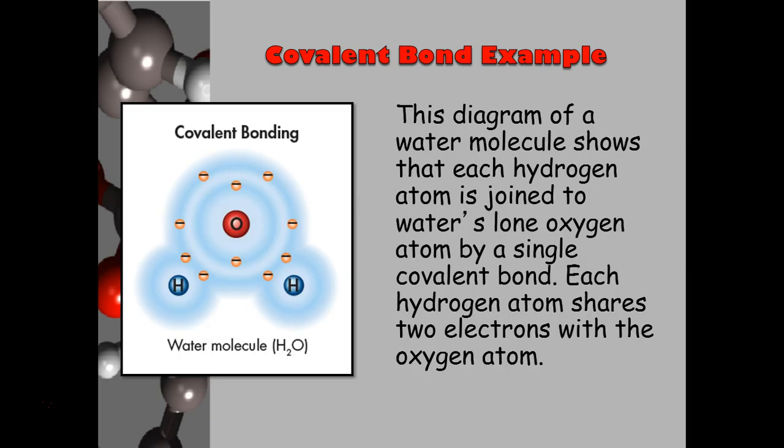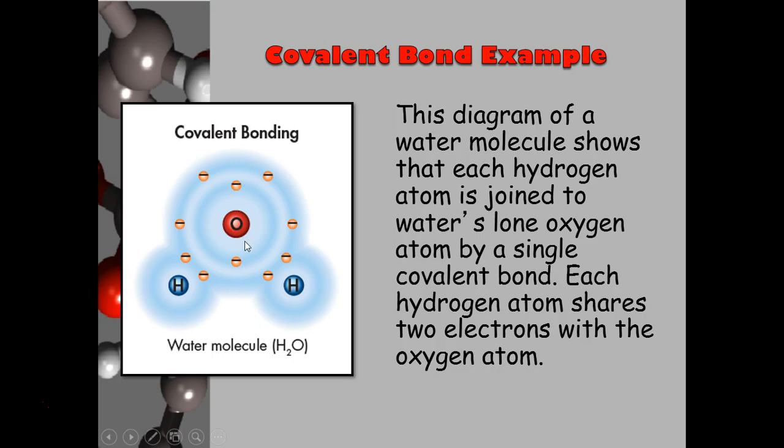So let's talk about how these covalent compounds end up getting formed, and we'll use water, which is going to be a big molecule that we talk about a lot here in biology, as an example. So here I've got my oxygen atom, and if you don't have your periodic table out, you may want to pause the video and grab it.